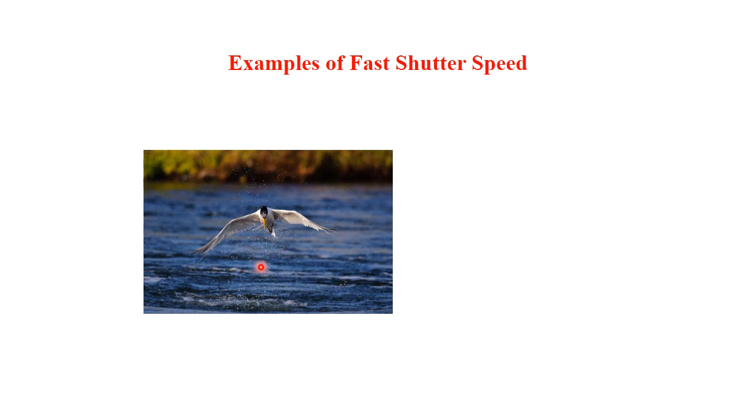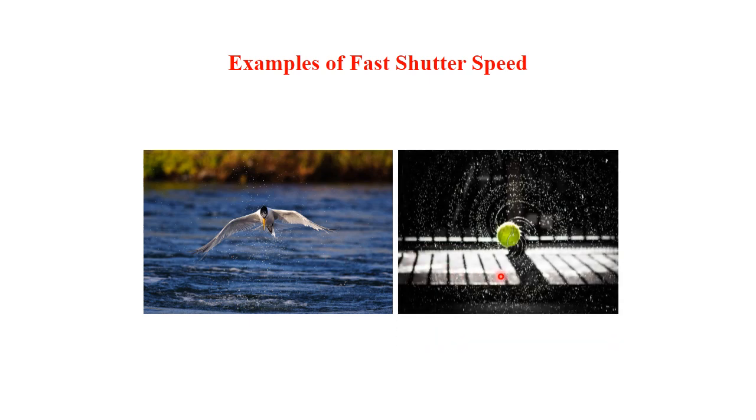The water drops we can see, and this image again we cannot capture with the normal shutter speed or with the slow shutter speed, right? We can only have this very picture with the fast shutter speed, because it freezes the action. This fast shutter speed has frozen this very picture.